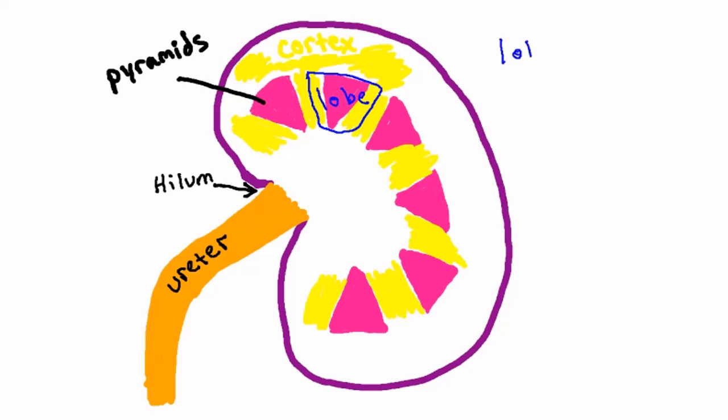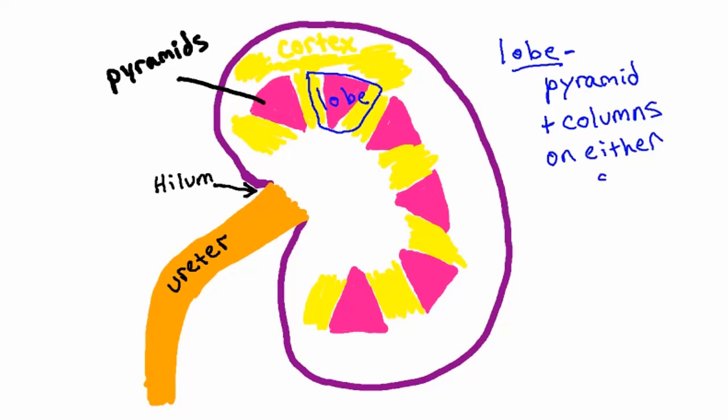So a lobe is the pyramid plus the columns on either side of the pyramid. That's a lobe.